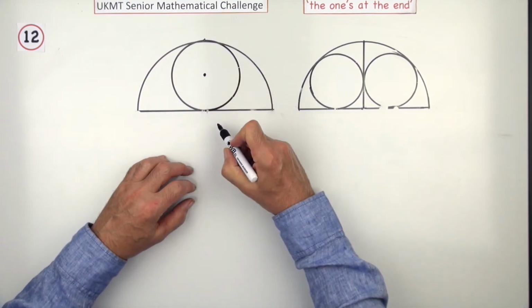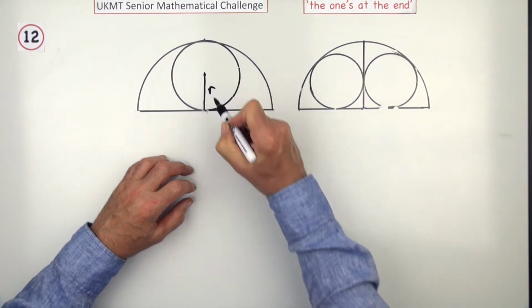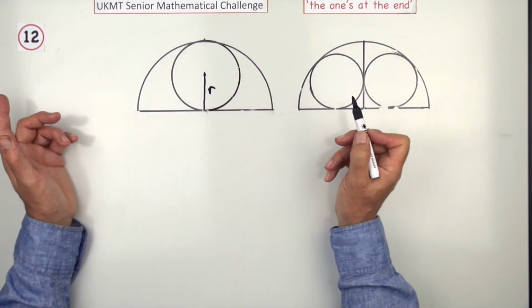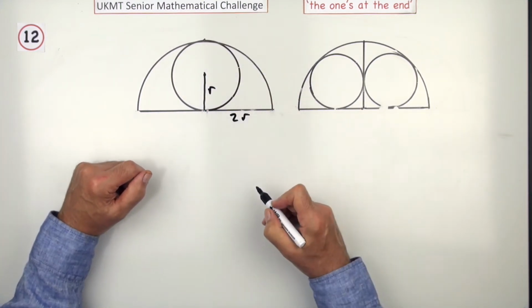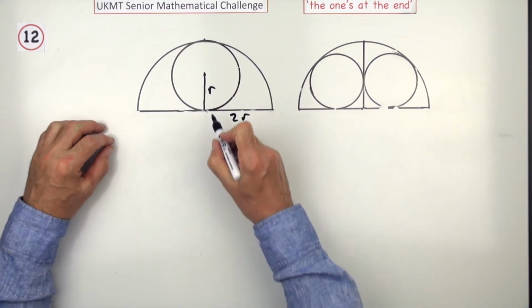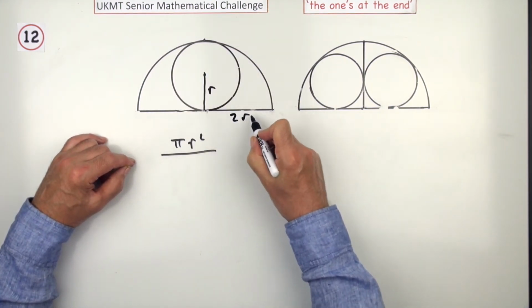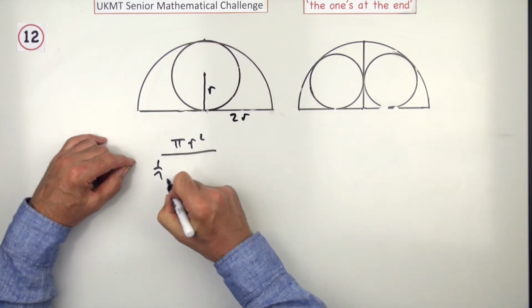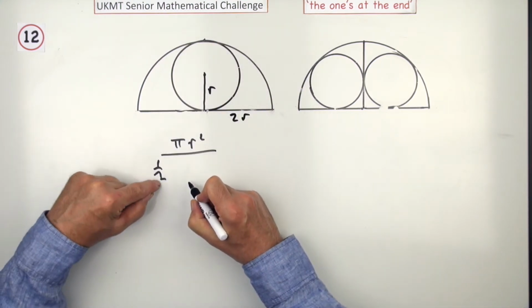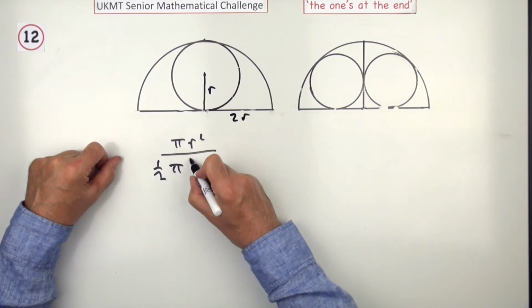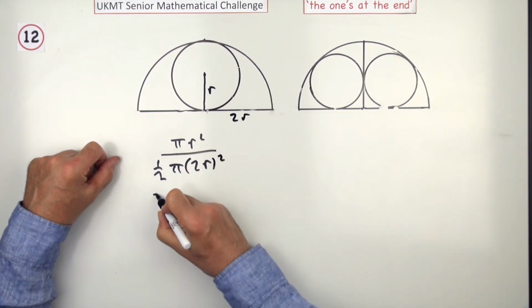So, if you call the radius of this circle r, then obviously the radius of the larger one is going to be 2 lots of r. So what fraction does it take up then? Well, the area of this circle will be pi r squared. The area of this one, since it's a semicircle, will be a half pi times its radius squared.